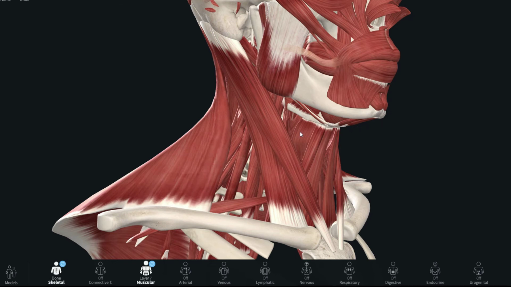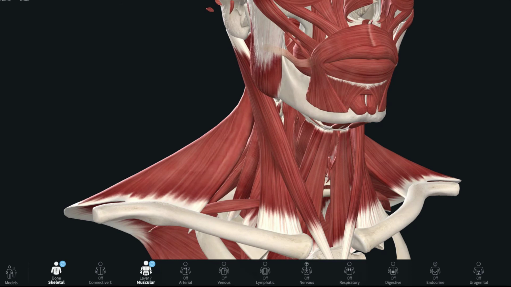You will see that the external jugular vein pierces approximately 2.5 centimeters above the clavicle. So we are not going into the details there.